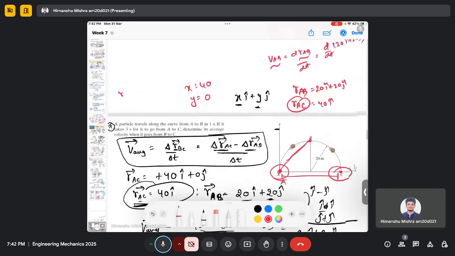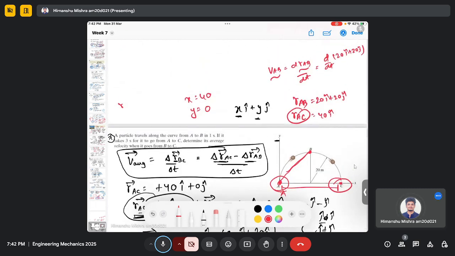This delta t was given, which is 1 second. So it takes 1 second to go from A to B. So this will be 20i plus 20j divided by 1. So the velocity will become 20i plus 20j. The answer will be in vector notation only. Yes, so this will be the velocity vector, 20i plus 20j.